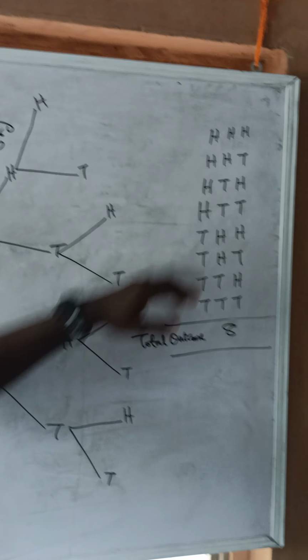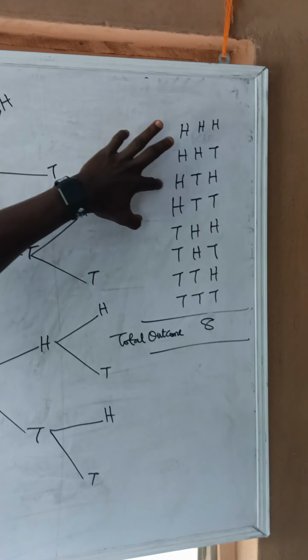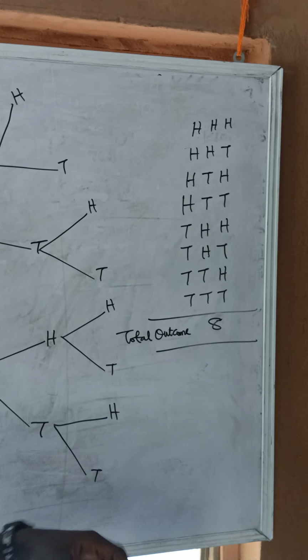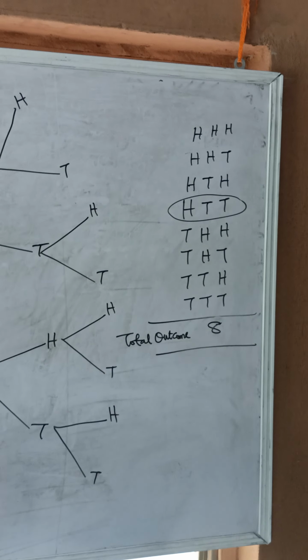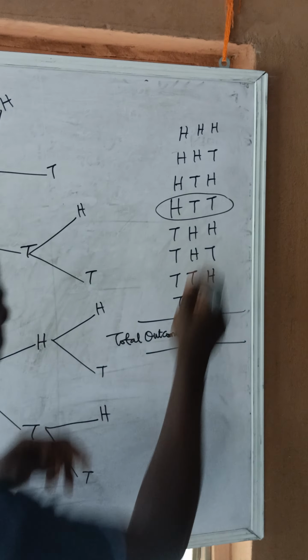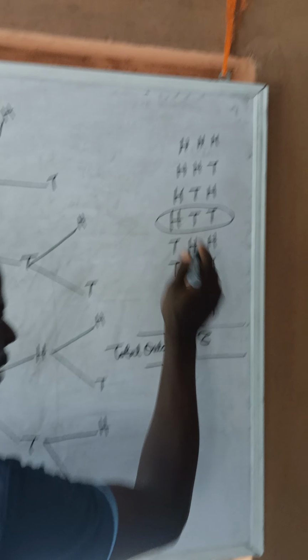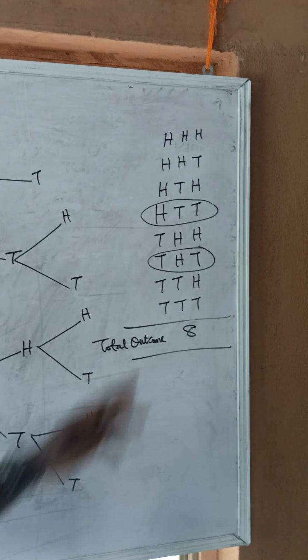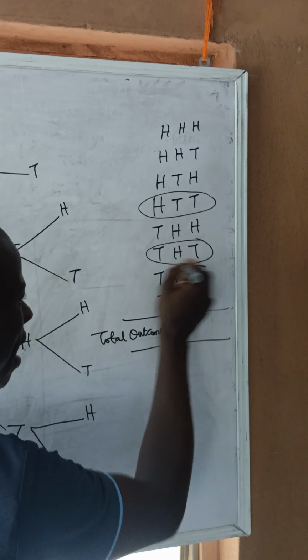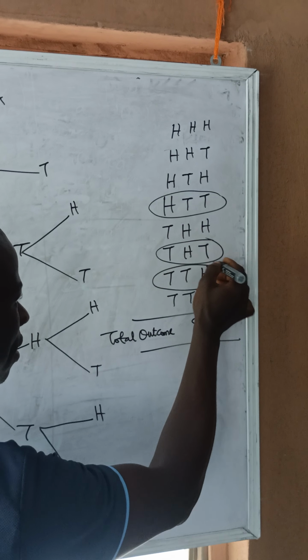So here we have a head and 2 tails. That's the first one. We can't pick this because this is 2 heads and 1 tail. Here we have a head and 2 tails. Then this also is a head and 2 tails.